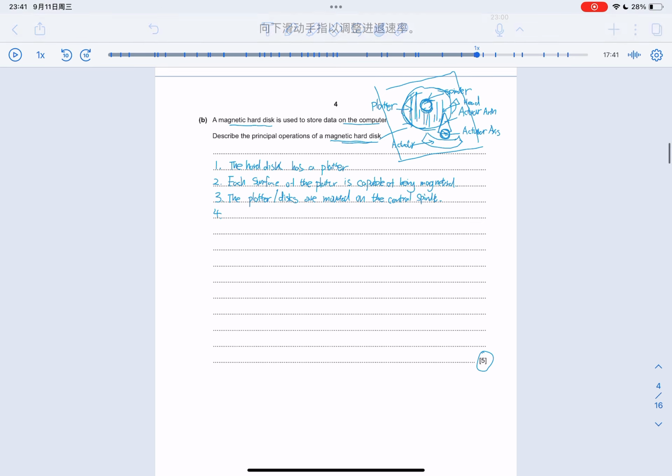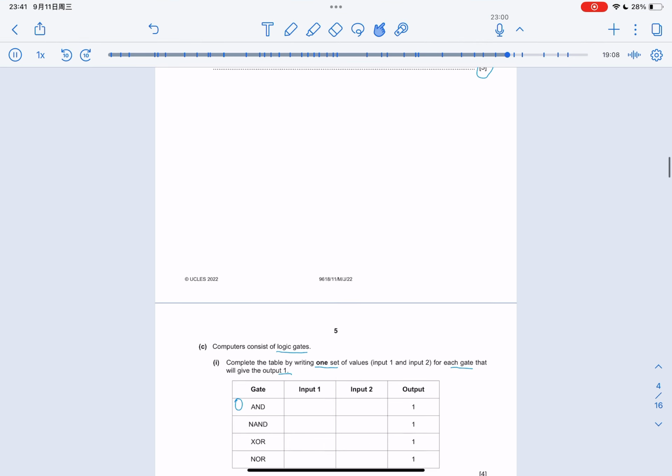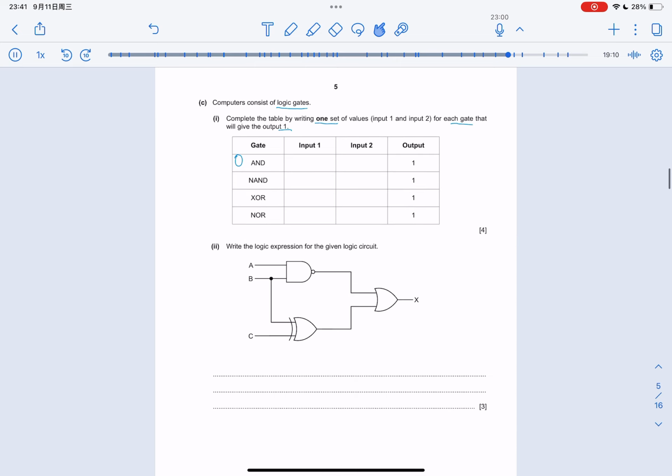For AND, if it contains any zero, the output is always 0. So let's say input will be 1, 0. The output will be 0. So 0, 1, it will still be 0. 0, 0, of course, is 0 as well. Only 1, 1 is equal to 1.